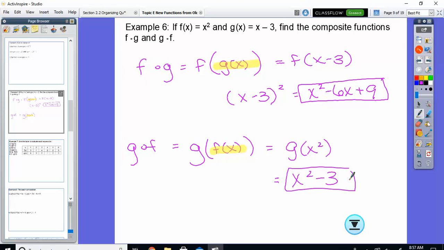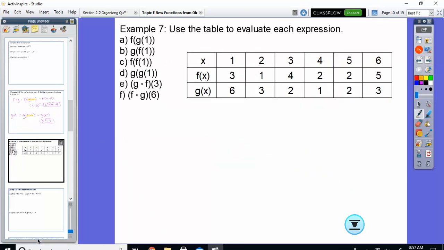So far, so good? So, I'm asking you to do these compositions.